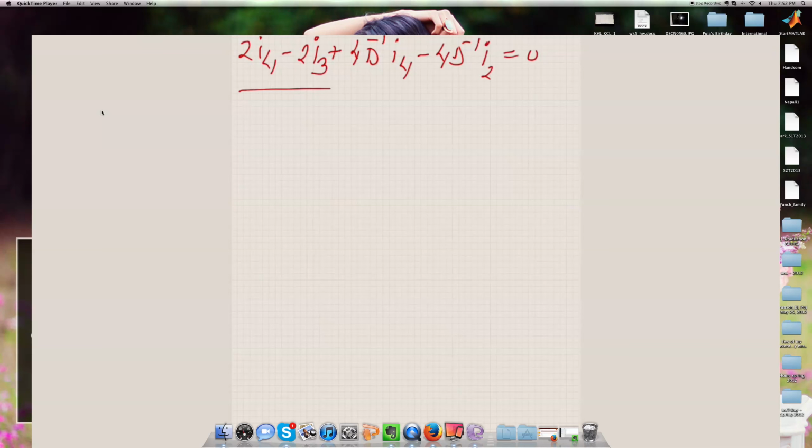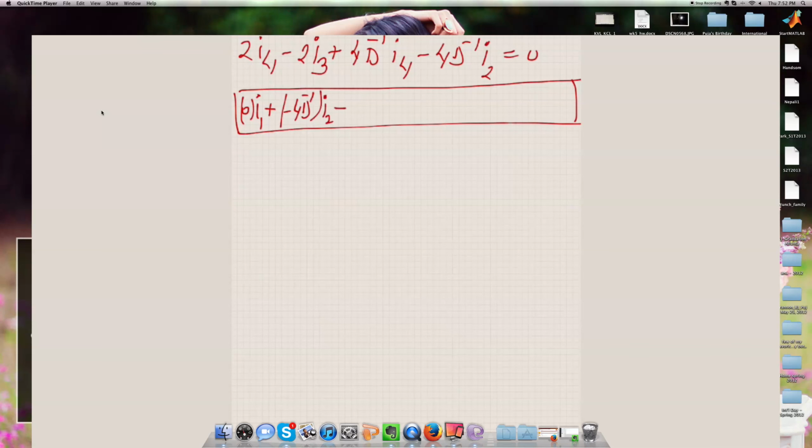So one more time we have the box, so we would have all the 4 equations to put in the matrix. So this is 0 times I1 plus minus 4 D minus 1 I2 plus minus 2 I3.